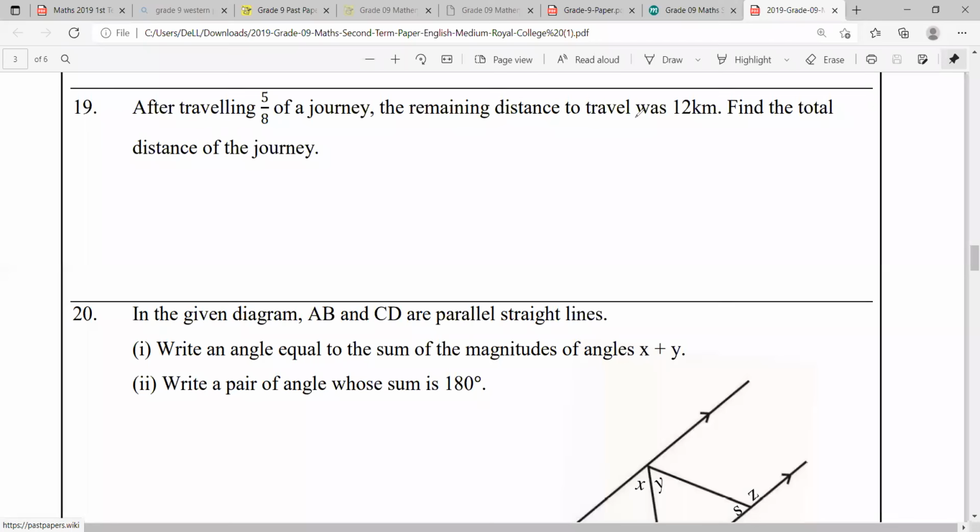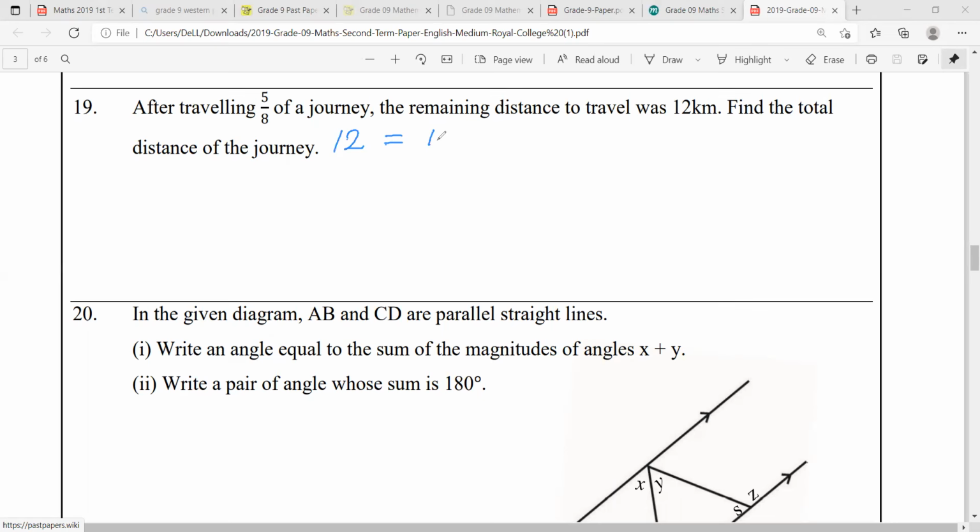For this thing, let's see, after traveling 5/8 of a journey, the remaining distance to travel was 12 kilometers. To find the total distance of the journey. So you find, I can say after traveling 5/8. So you have to find the total distance, right?